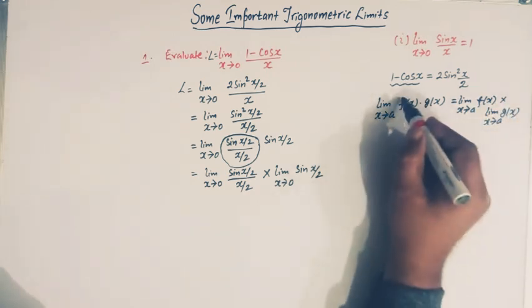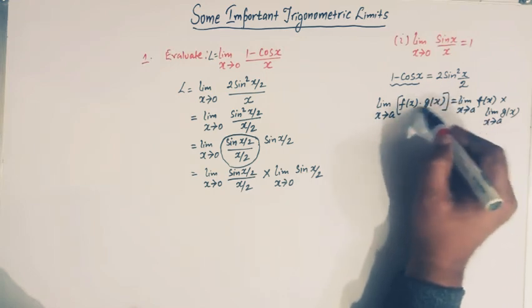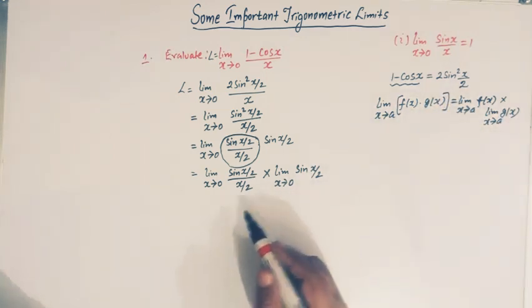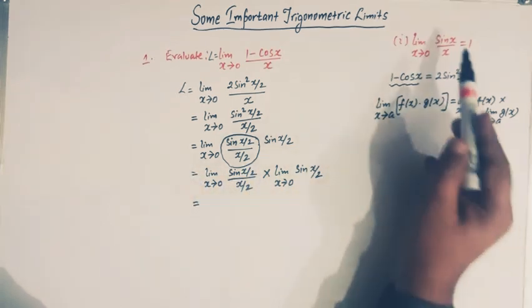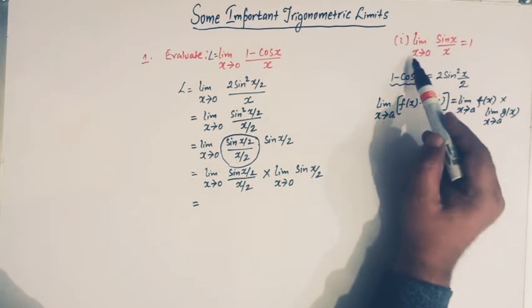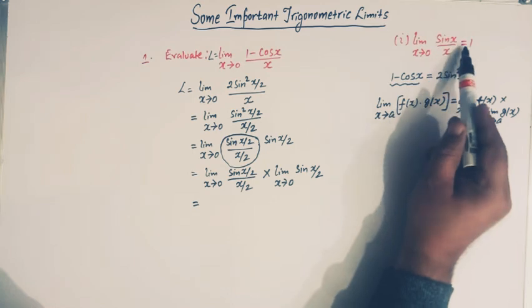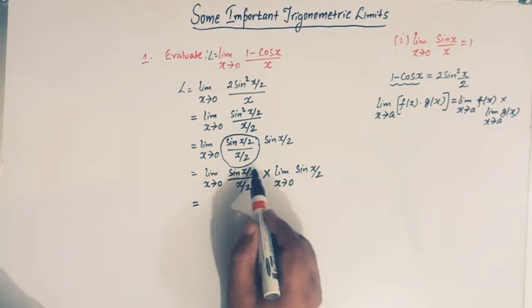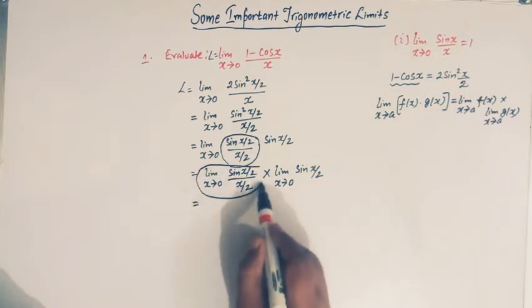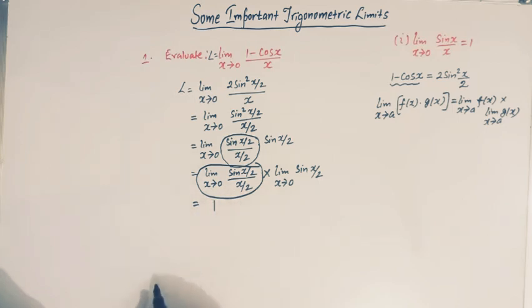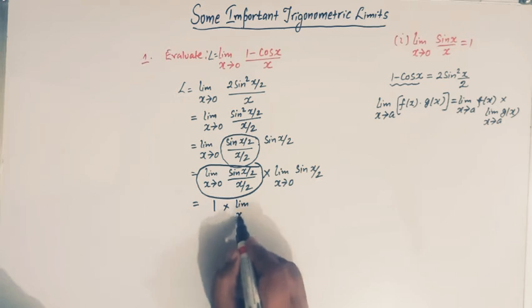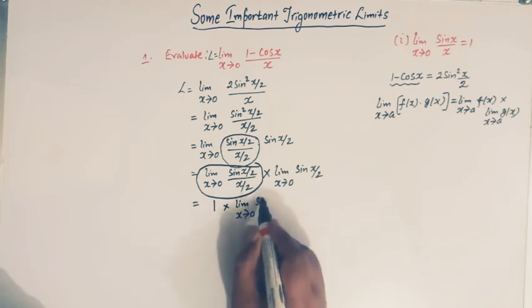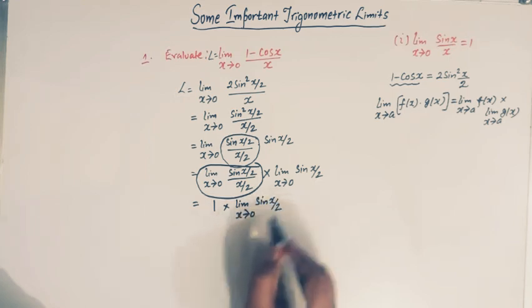So this is the product of two functions. Now if we apply this rule, limit x tends to 0 sine x over x is equal to 1 here, so this limit is equal to 1, multiplied by limit x tends to 0 sine x by 2.